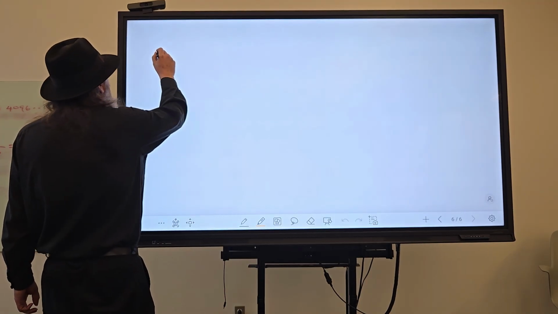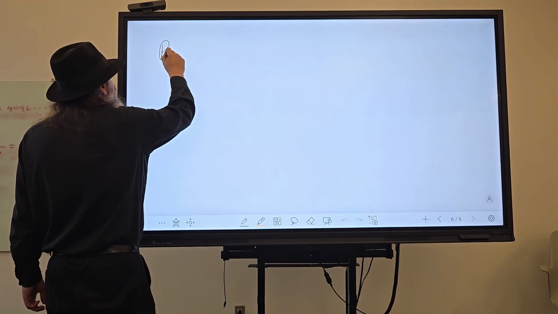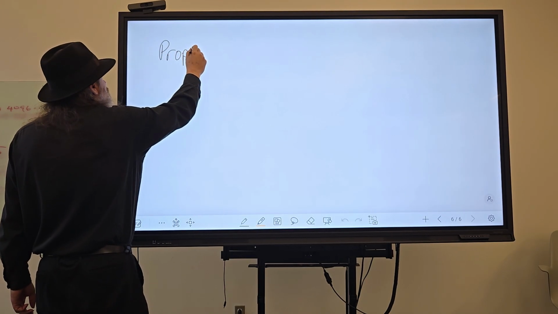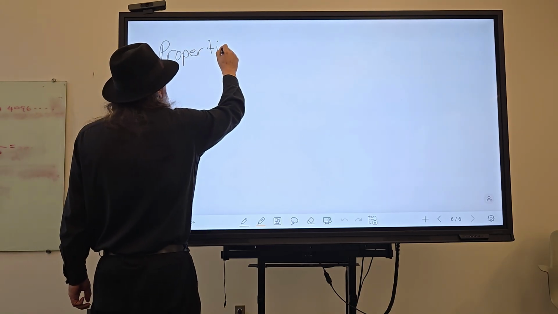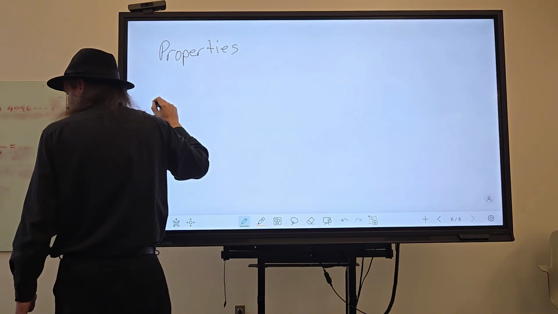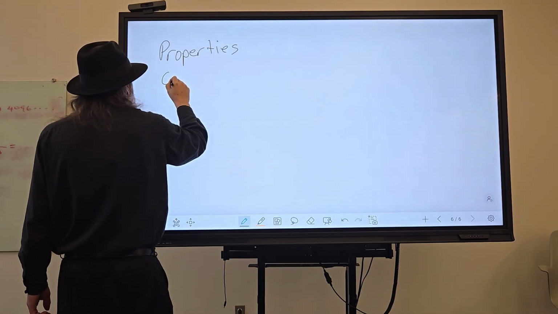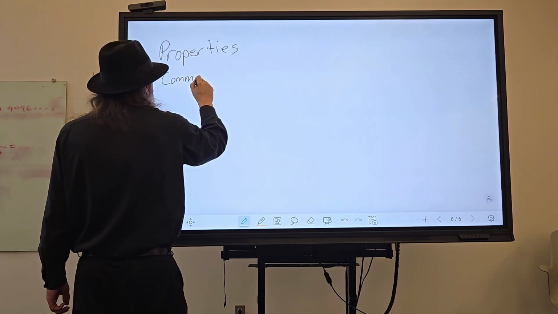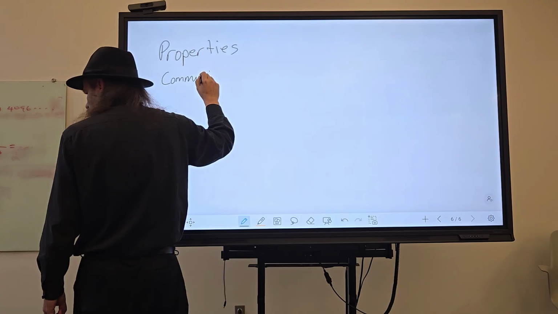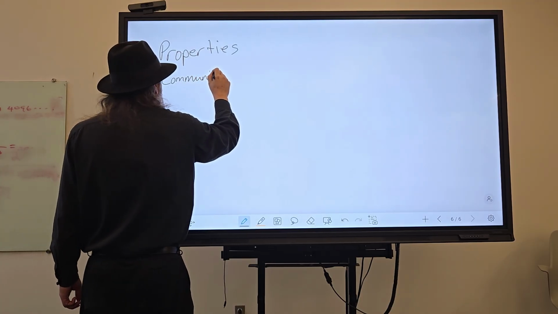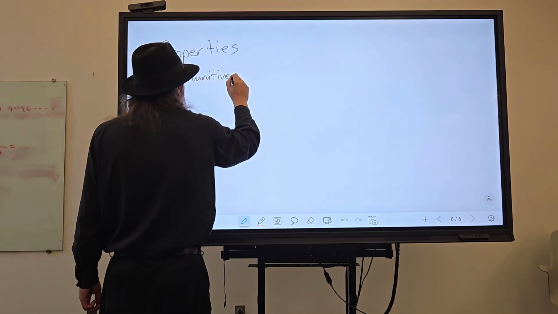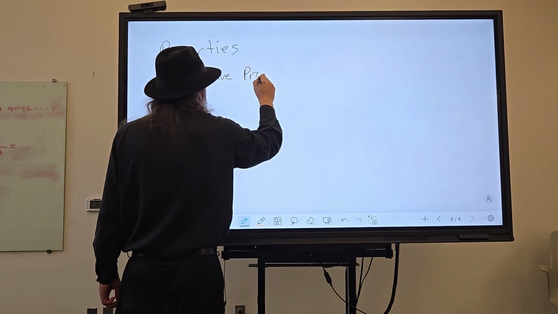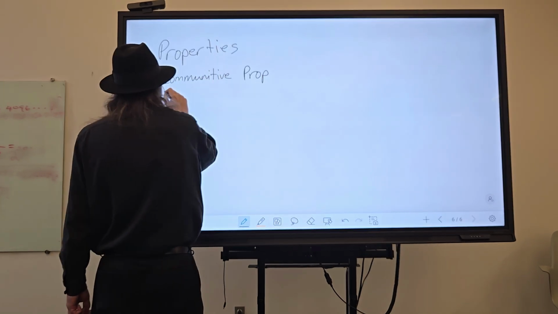Properties that are the same as algebra: the commutative law and the associative property.